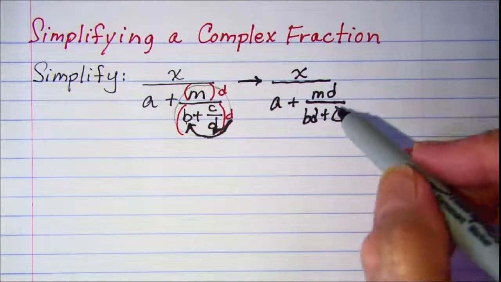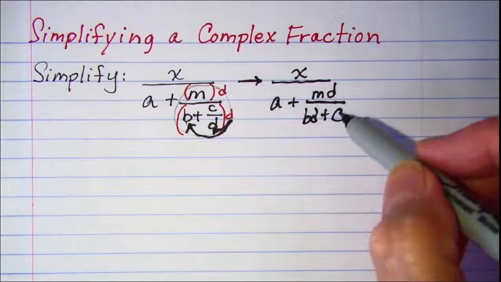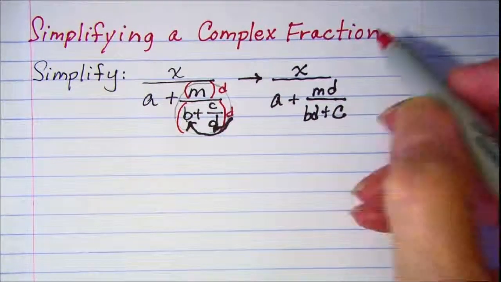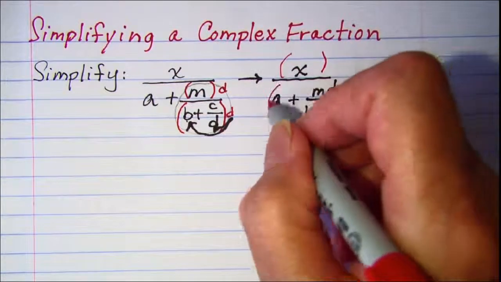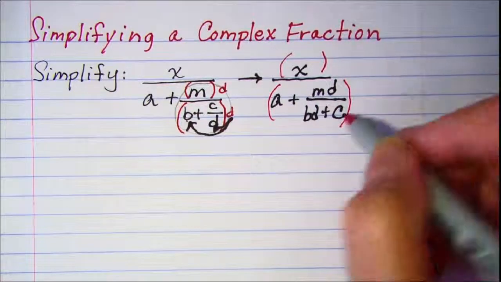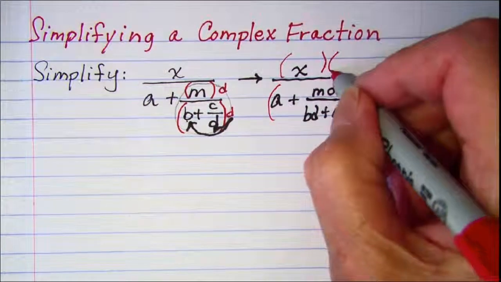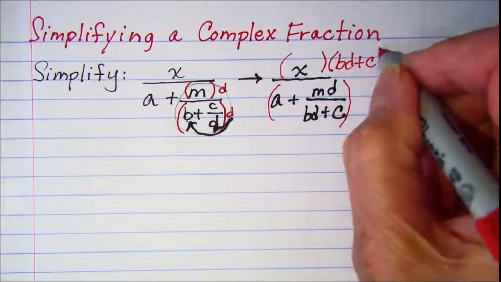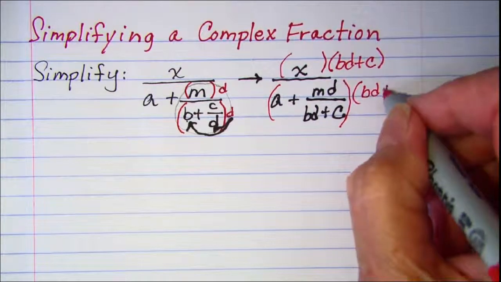Now I'm noticing that I have this fraction in the denominator of the big fraction. So I'm going to again multiply the numerator and denominator of the fraction by this denominator. Now it's a binomial, so I need to put it in parentheses, bd plus c, and then bd plus c.